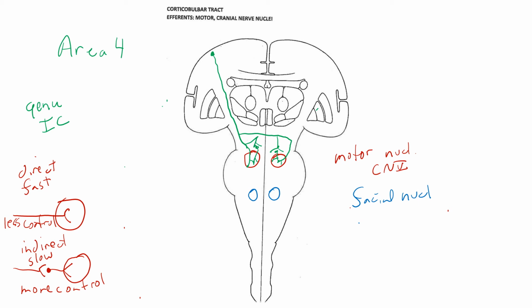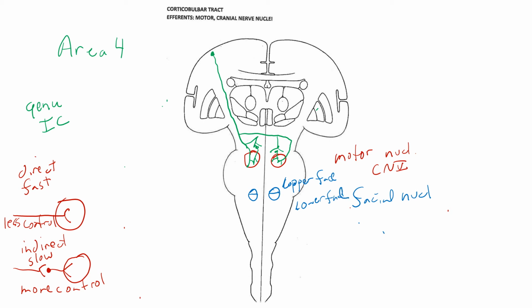Then, if I move down, my next nucleus that I have control over is the facial nucleus. What we can do is we can take the facial nucleus and divide it in half. The part above is for the upper face. The part below is for the lower face.